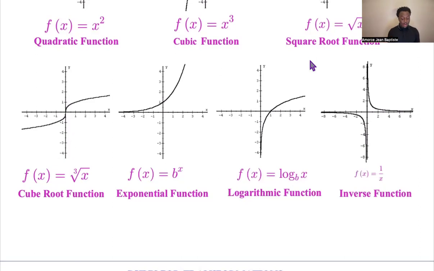All these parent functions that we are looking at now will be subject to transformations. Now, how transformation affects those functions, we will see what type of transformations can happen. Well, we already talked about that. We said that a function can move up. You can move the graph up. You can move it down. You can move it left, move it right.